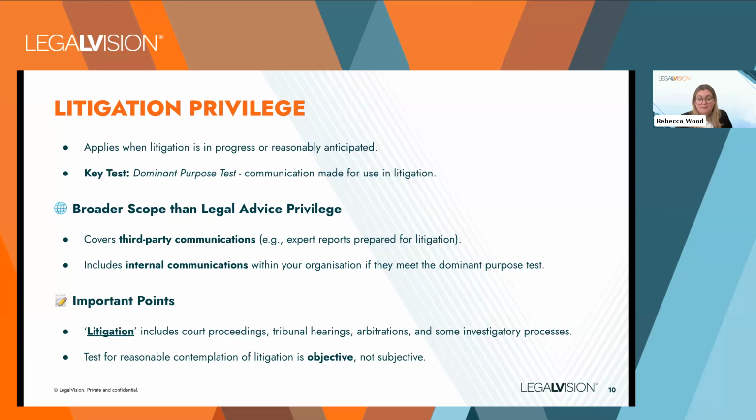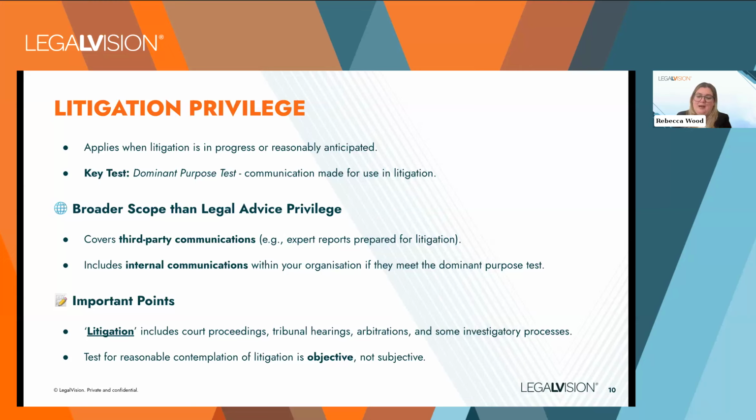That might cover the situation where you've commissioned an expert report in anticipation of litigation. That report and the communications with the third party might be covered by litigation privilege. It's not limited to communications between lawyers and clients. Internal communications within your organization would be covered if they fit within that dominant purpose test.